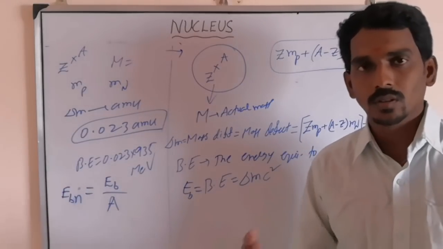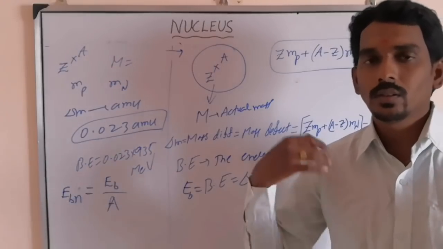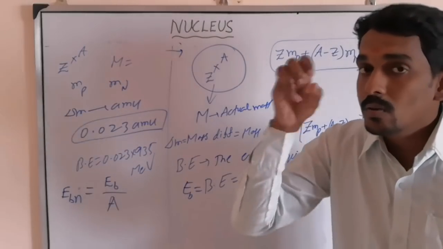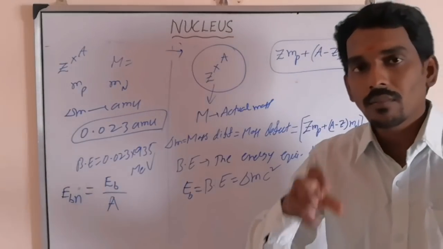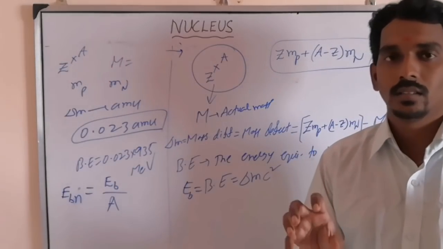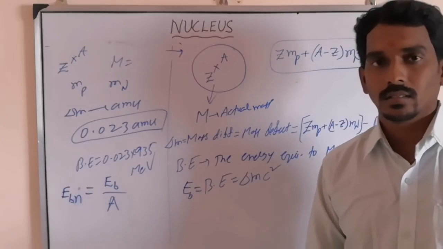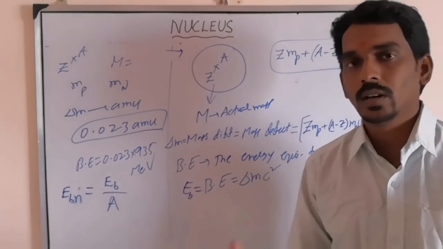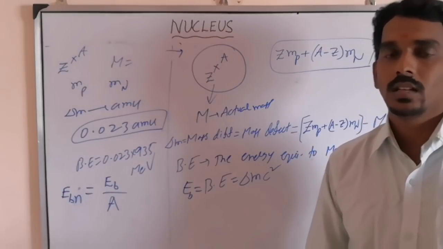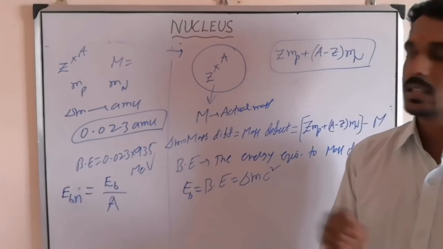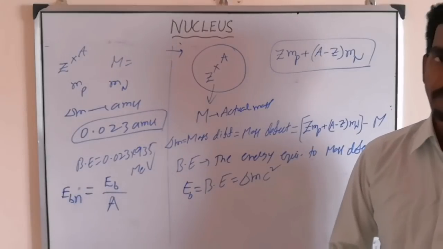It won't separate on its own. You need to apply some work, you need to give some energy. That amount of energy required to break them into independent particles, to dissociate them into individual constituents, that energy is called binding energy.